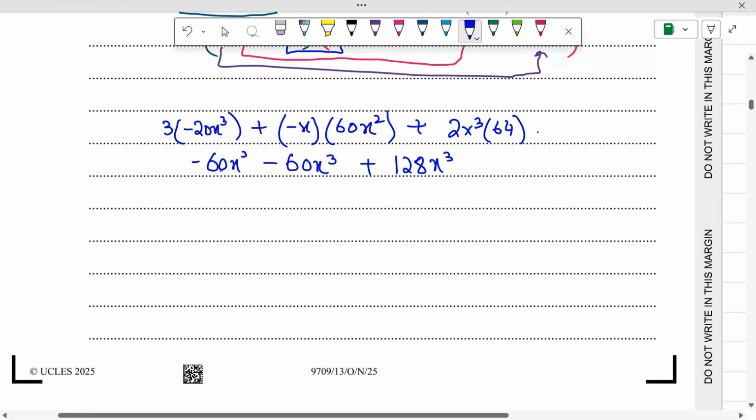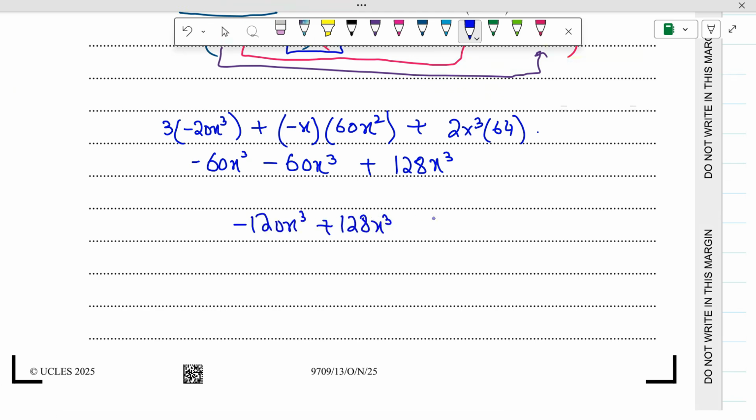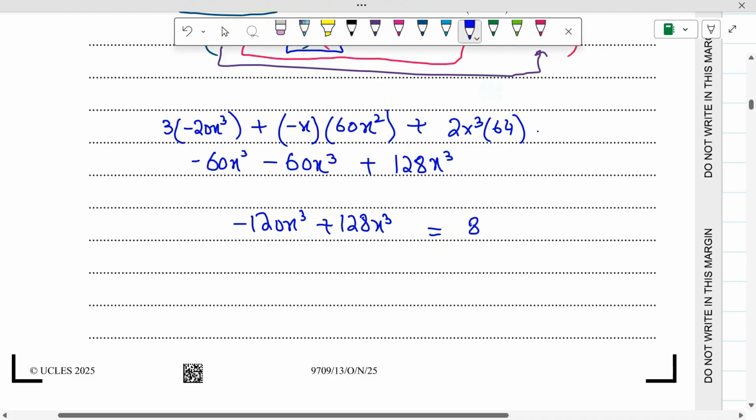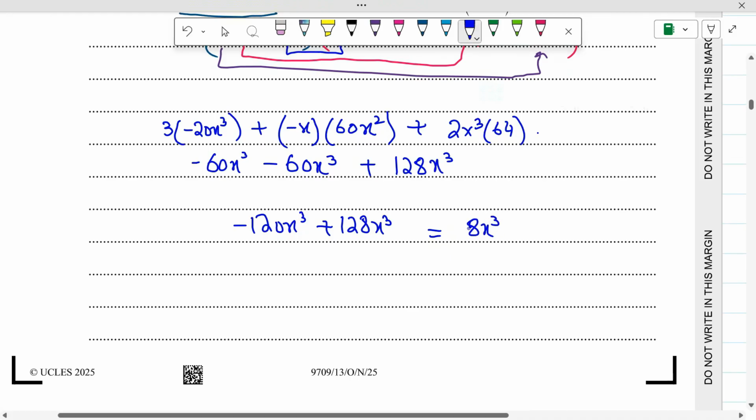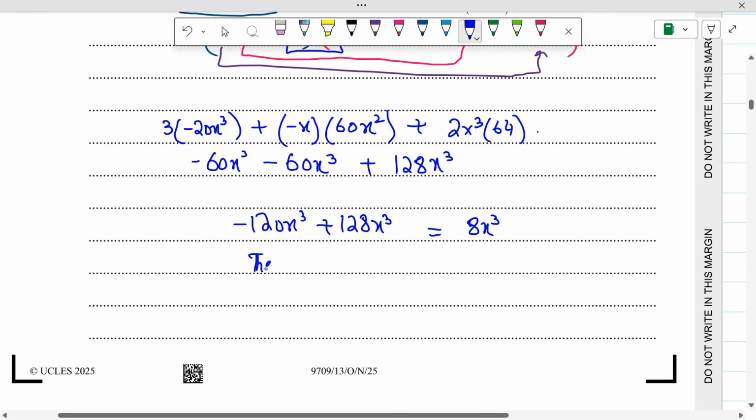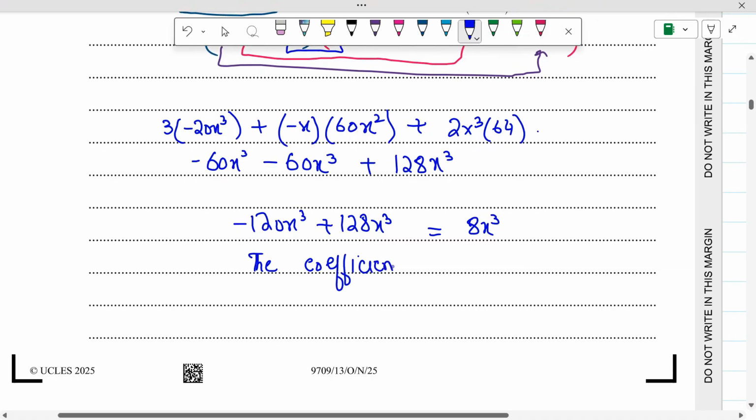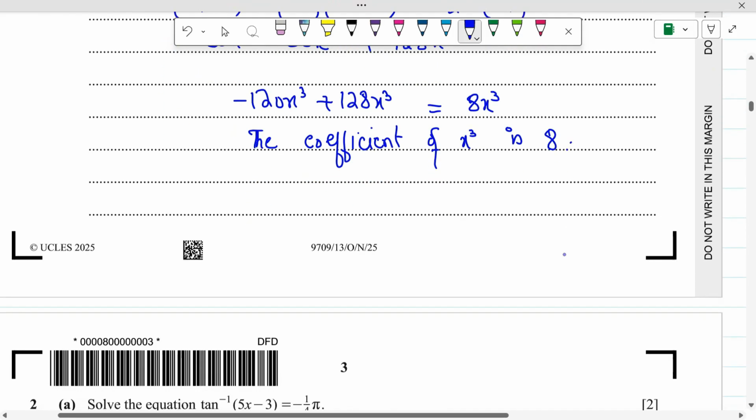So you can see that negative 120 x cube plus 128 x cube equals 8x cube. So the coefficient of x cube is 8. Okay, this is the required result.